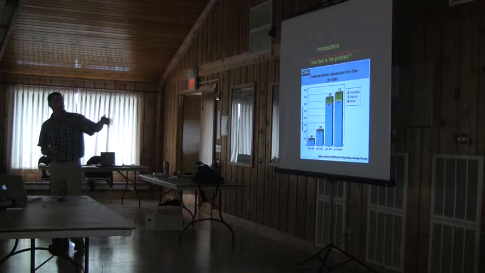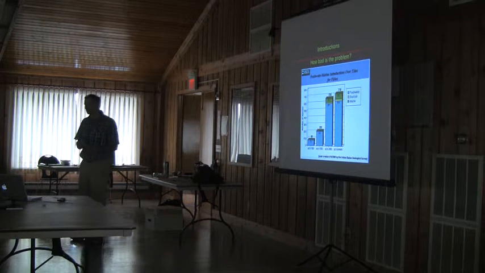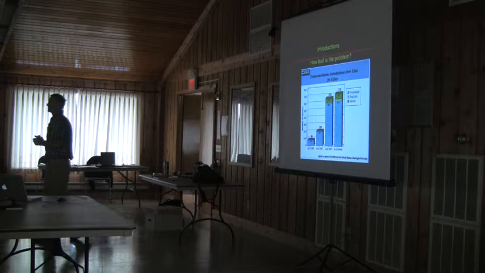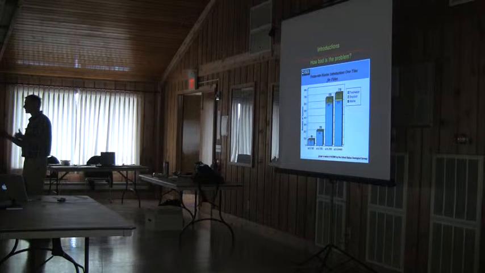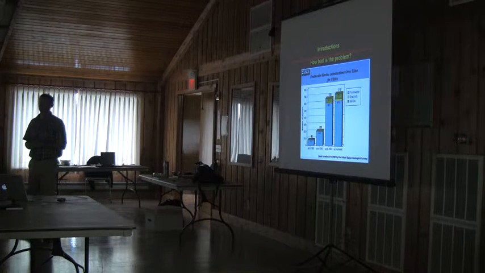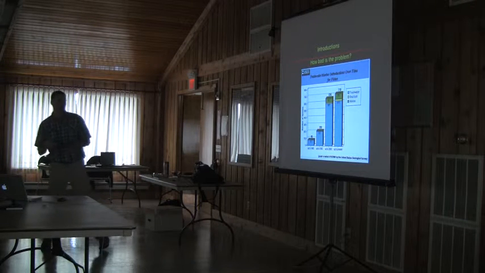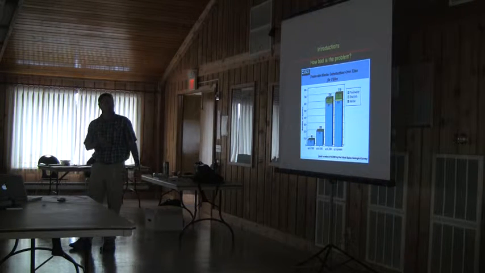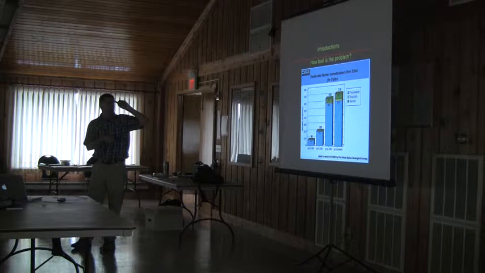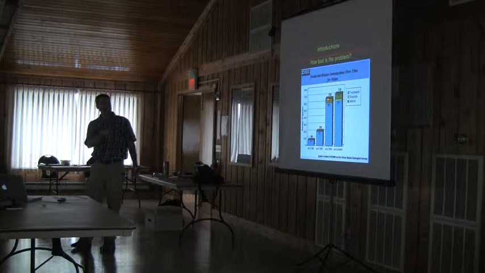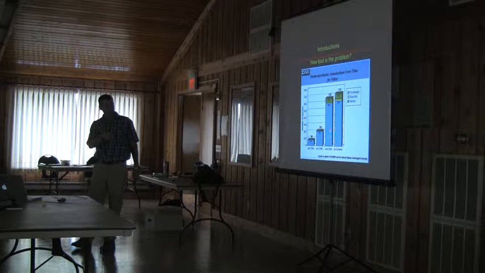This is a graph showing the introduction issue, because we can't talk about freshwater fishes and not talk about exotic species and how many of them we have now, in Illinois and any other state. These are some numbers showing how this has increased over time. This is the number of species. Marine species are in green. Freshwater species are in blue.